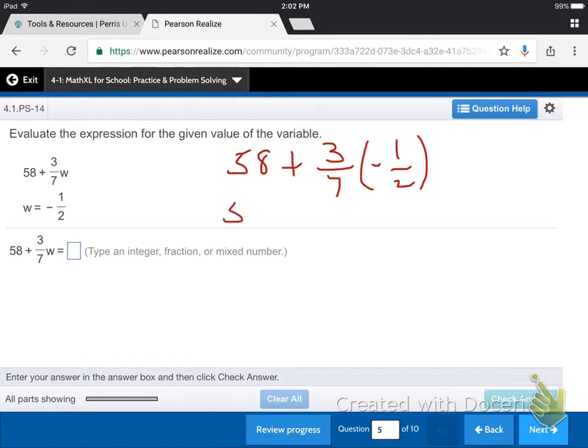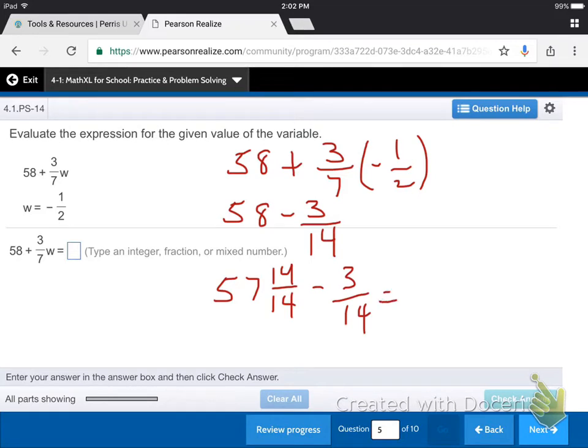Multiplying straight across, we get 3 times negative 1 is negative 3, and 7 times 2 is 14. If we think of 58 as 57 and 14/14, 57 plus 1, minus 3/14, that makes it easy for us. This answer is 57, and 14 minus 3 is 11 over 14.